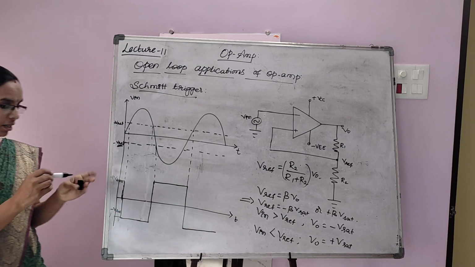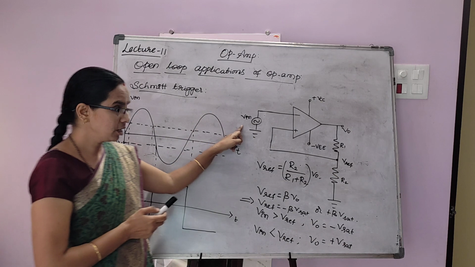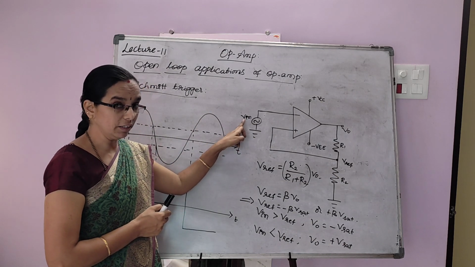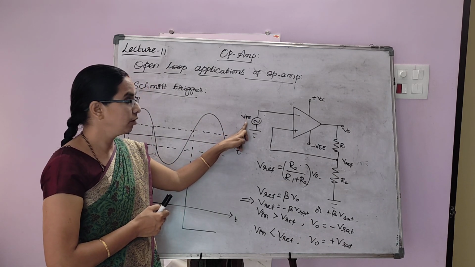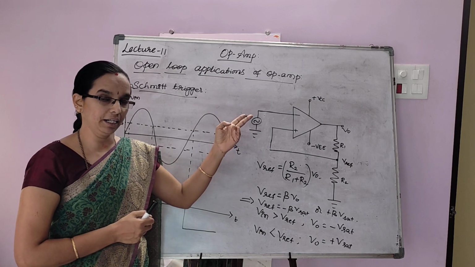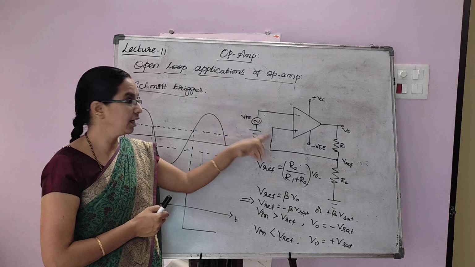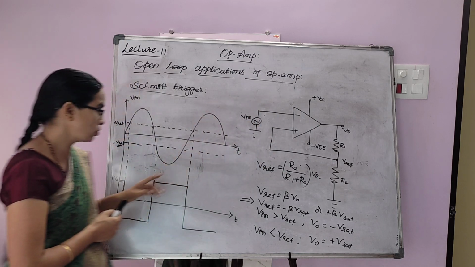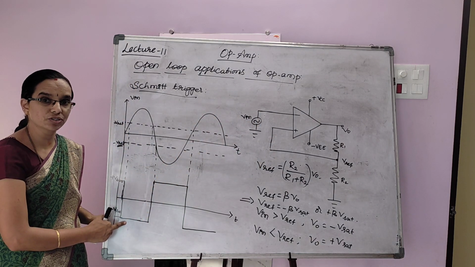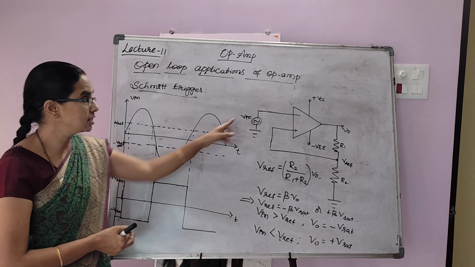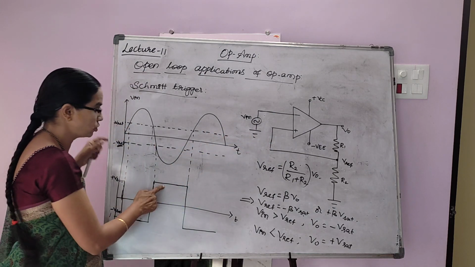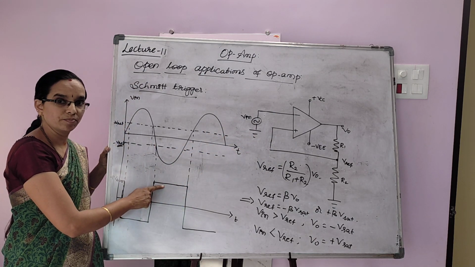Like this. That means here input is given to the non-inverting terminal. In an inverting comparator, if input Vin is greater than V reference, then it should reach negative saturation. If Vin is less than the V reference, then it should reach positive saturation.